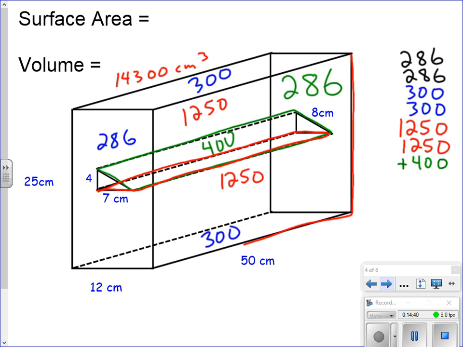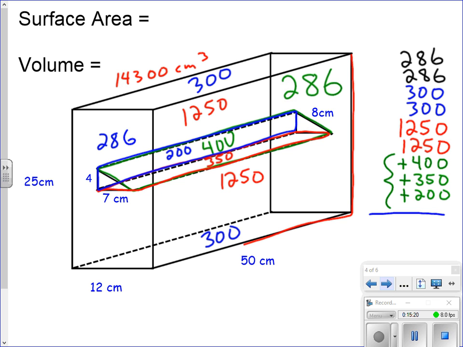And 7 times 50 is 350. I'm going to add that. And finally, this little panel is 4 by 50. It's the vertical wall inside there. 4 times 50. Well, that's 200. So I'm going to add 200. All of these ones here in green are the inside panels of the cutout. They would be the bottom, the side wall, and kind of the roof of that cave that's cut all the way through.